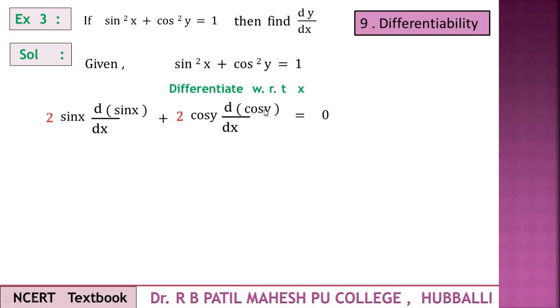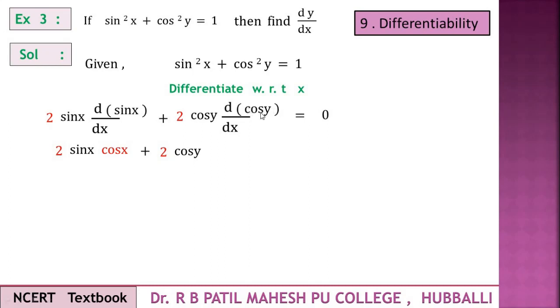Further, writing the derivative: 2 sin x as it is. Now the derivative of sin x, it is an x variable function and a standard function, not composite, and also single. So what is its derivative? Cos x, plus 2 cos y. Now here we have to write the derivative of cos y, a function of y variable.